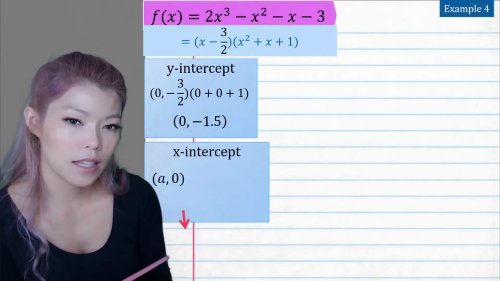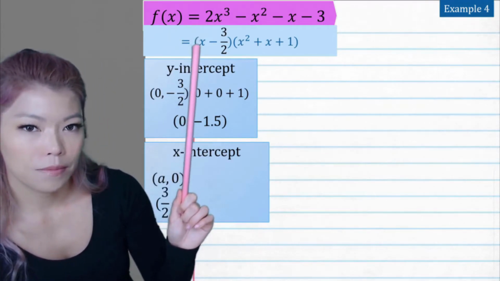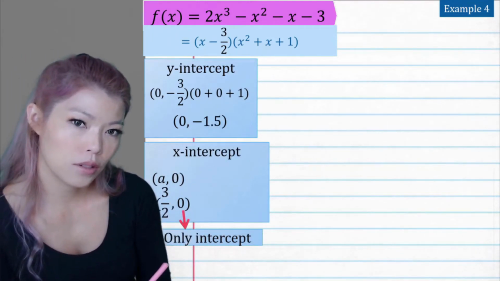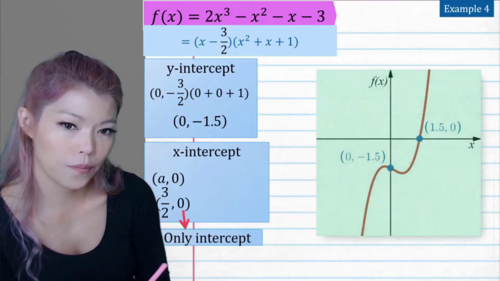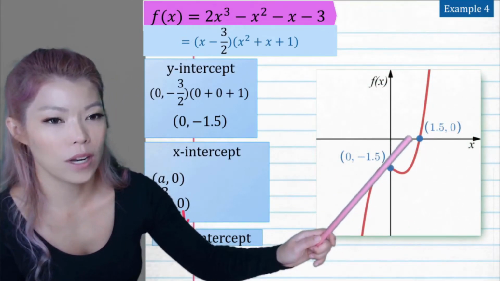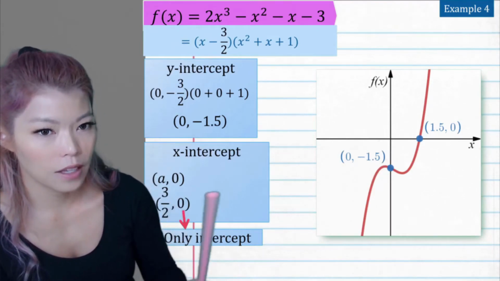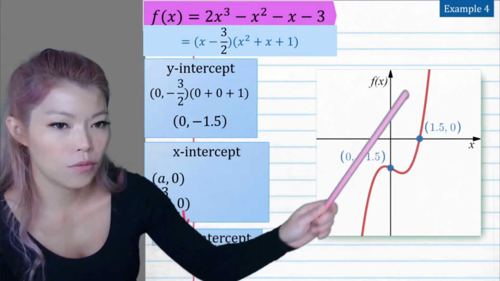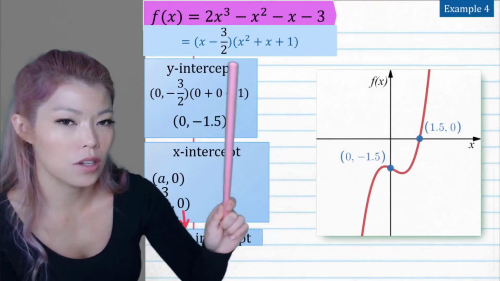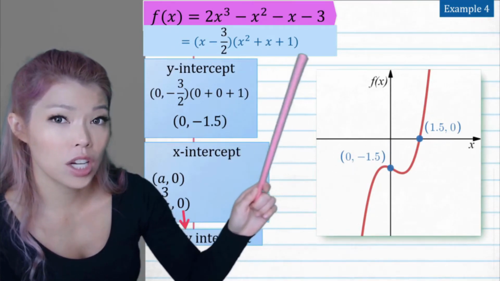For the x-intercept, we have positive 3 over 2. And the other factor doesn't work out when you let it equal 0. So now we can see from the graph that it is that one x-intercept that we found, the y-intercept, and the rest of the graph is underneath. That's why that one you cannot factorize further. You can check using the discriminant.